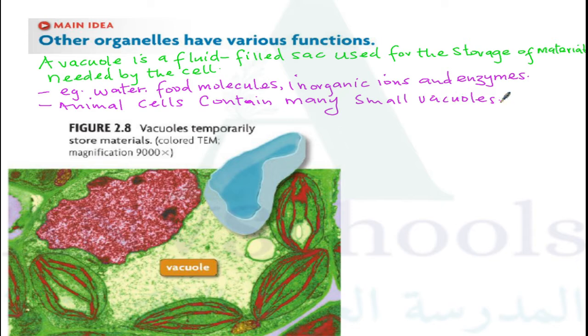But in plant cells, we have the central vacuole, which is a structure unique to plant cells. It is a single large vacuole.